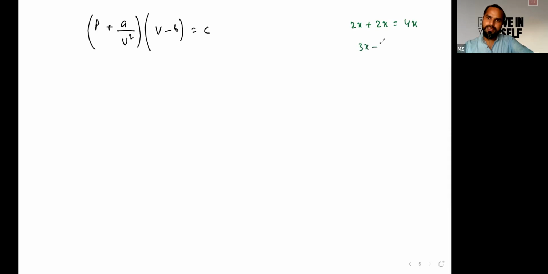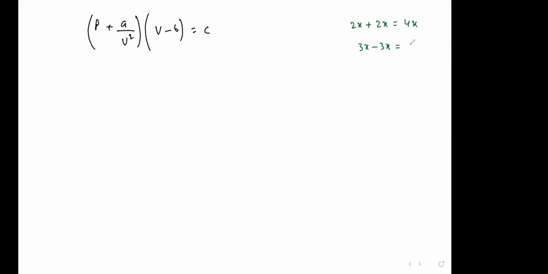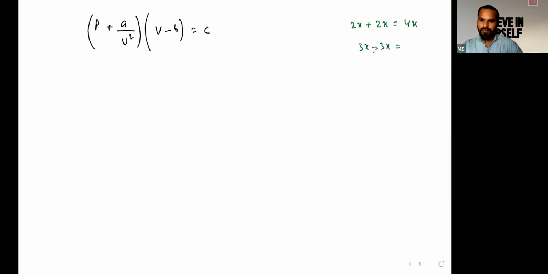Similarly, 3x minus 3x would be 0. On adding or subtracting, only the coefficient changes, but its variable term, that is x and x, remains the same. So 3 minus 3 would be 0 times x. And if you multiply 0 with any number, the whole term becomes 0. Okay?